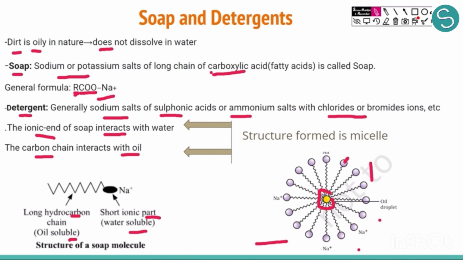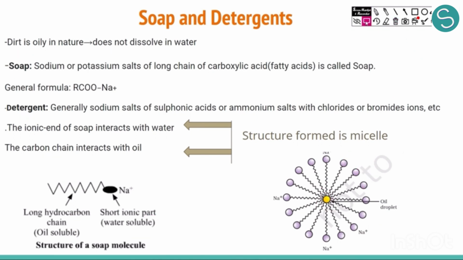Because these sodium ions form such strong bonds with water, the micelles are dispersed in the water, and hence the dirt is removed from the cloth. So the water becomes dirty but the clothes become clean.